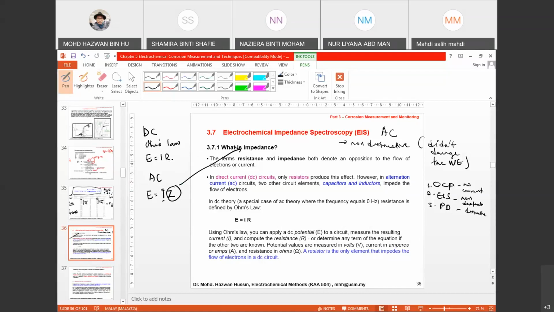But what makes the difference between R from DC and Z from AC? In direct current, only the resistor produces this effect. However, in alternating current, two other elements that you will get are the capacitor and also inductors.